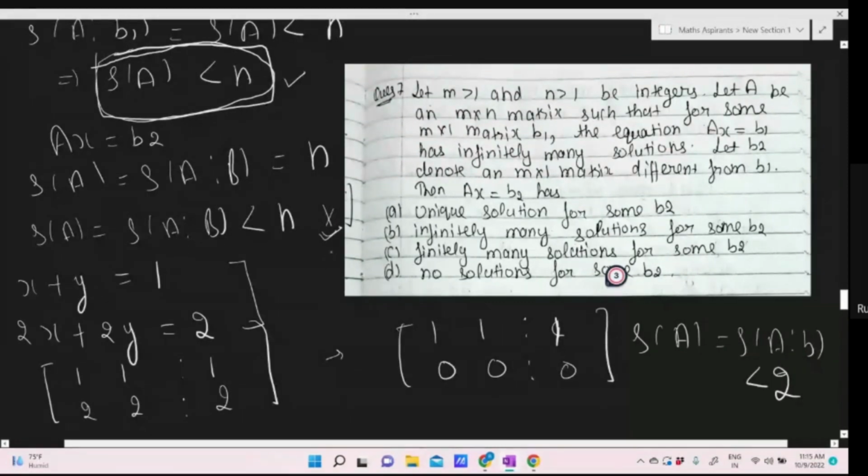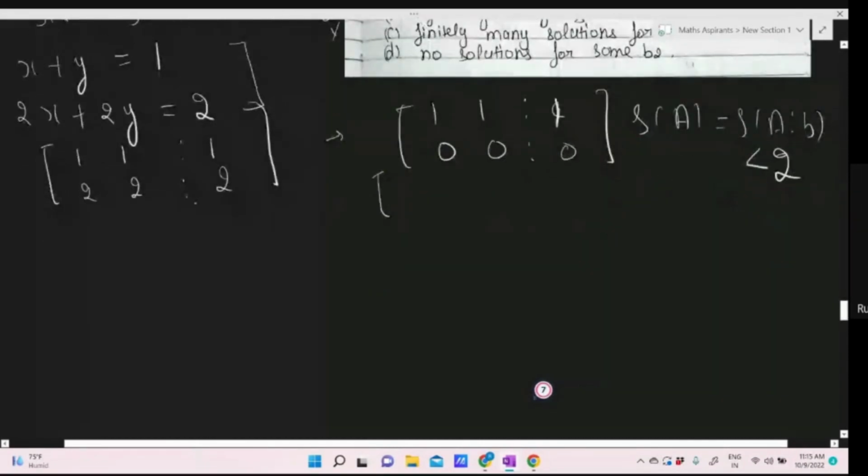Now, C is finitely many solutions. This is incorrect. Now, the fourth one is no solution. For no solution, let us take an example of a system. No solution may always exist. x plus y equals 1. The second equation is 2x plus 2y equals 3.